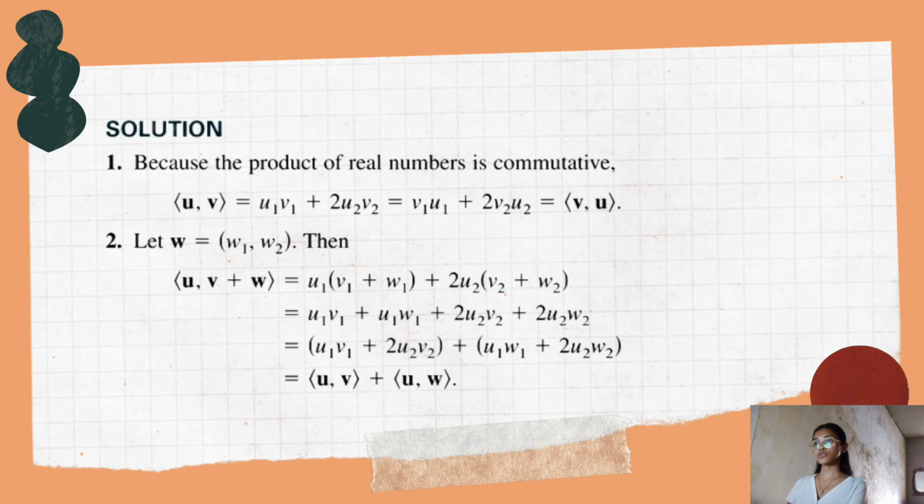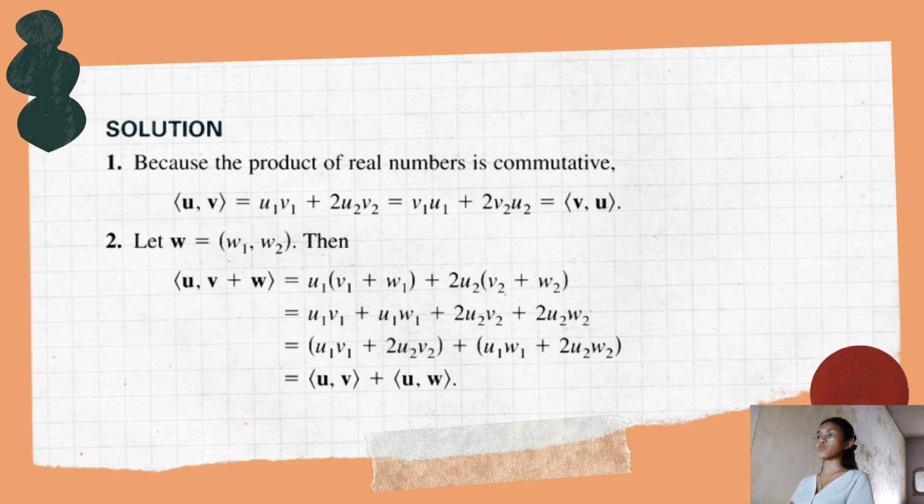So, in axiom 2, we're going to let w as (w1, w2). Then, we're going to write it as <u, v> where v must be replaced as v plus w. So, it will be u1, replace the v1 with v1 plus w1, and then 2 u2, replace the v2 again with v2 plus w2.